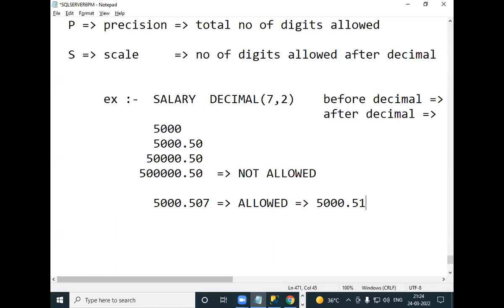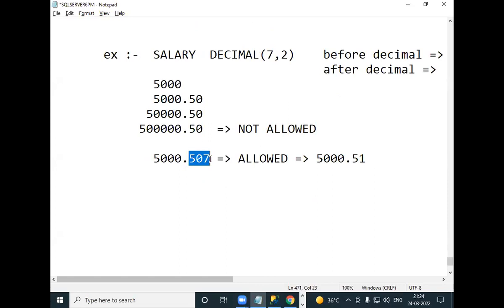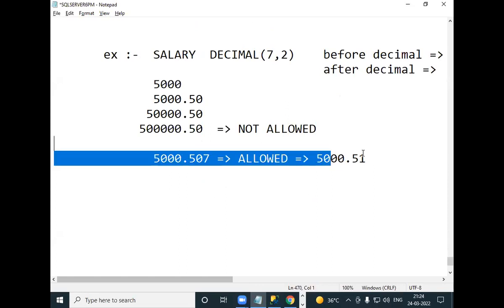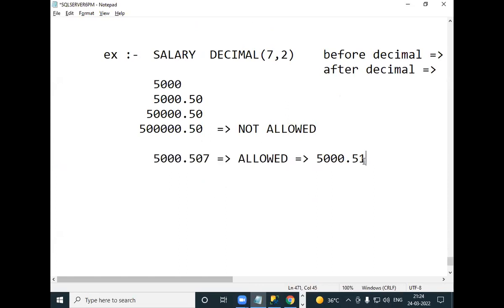You know rounding. 507 is rounded to 51. If you enter 507, SQL Server stores this number as 51.